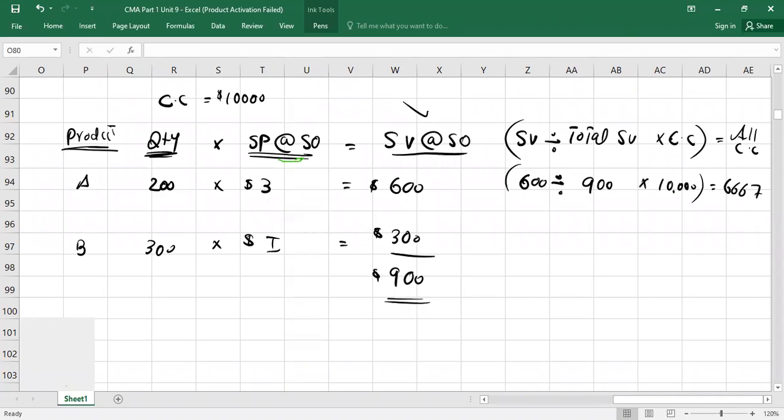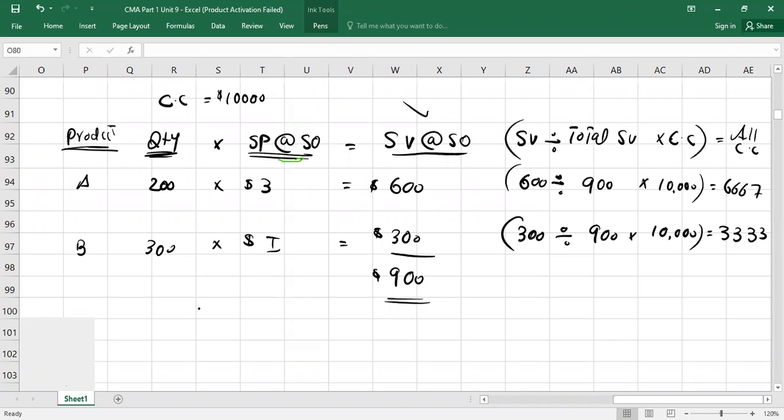Then if you want to allocate to product B, what do I do? I take the B value, which is 300, divided by 900, multiplied by the common cost, which is 10,000. So this will give you 3,333, rounded. Understood?